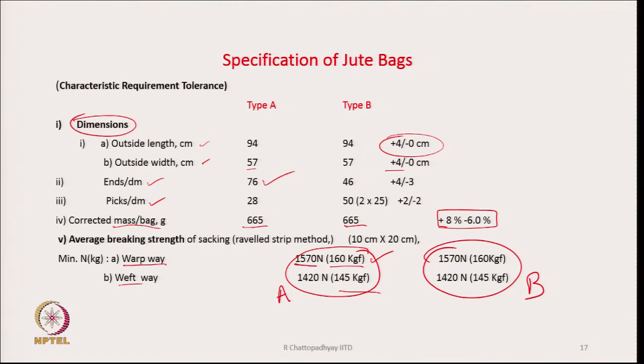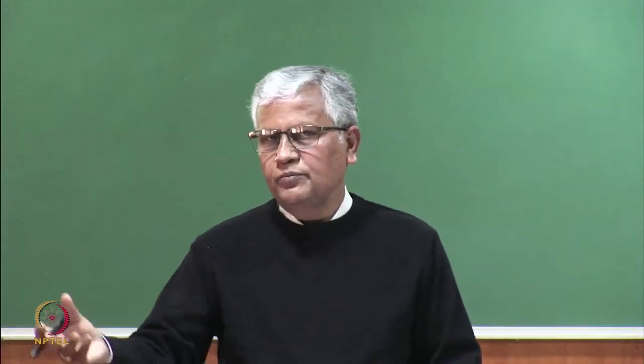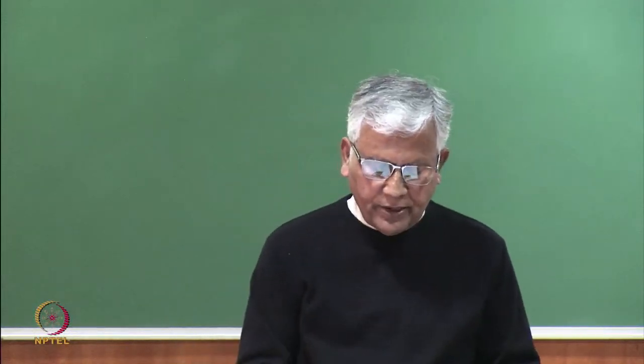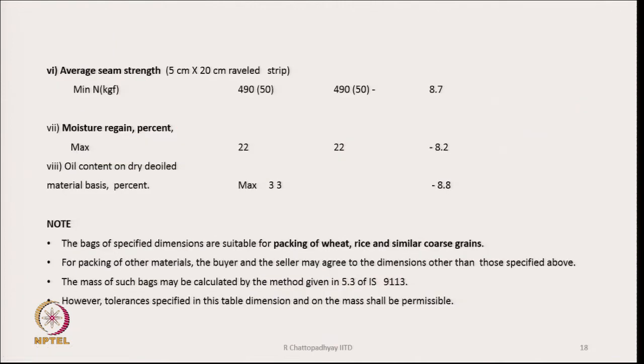So that is one of the design variables, where the strength of the fiber has to be chosen, so that the warp way strength and weft way strength can be met. That is what we need to find out from here, and the manufacturer will be told that you choose this fiber and process them and make yarns of these counts and then produce a fabric where end density and peak density will be like whatever stated here. So, it is like this.